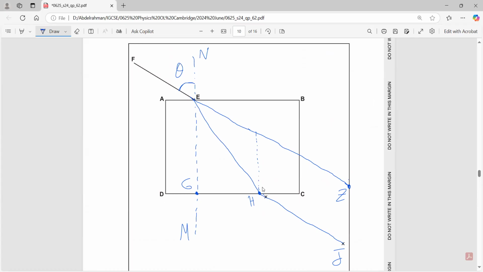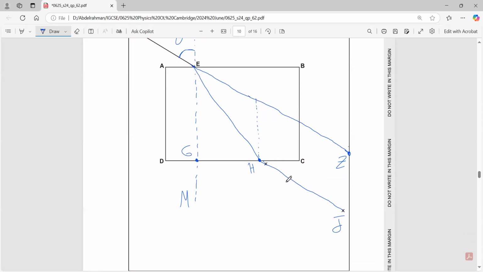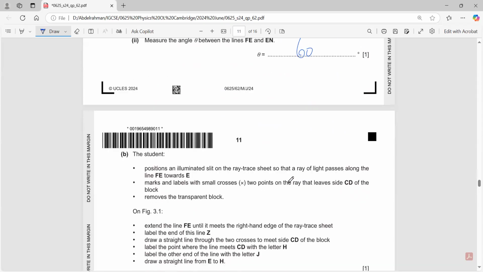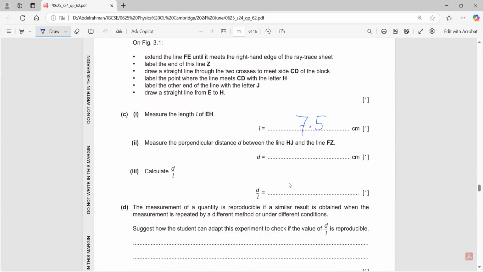Can I measure this perpendicular line? Yes. What would it be? Again, it would be around 3 centimeters, maybe slightly greater or slightly smaller than 3 centimeters.